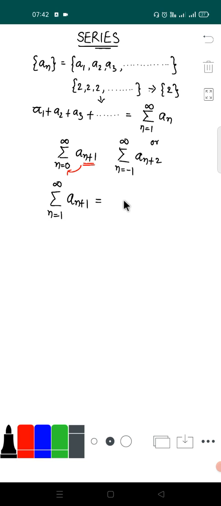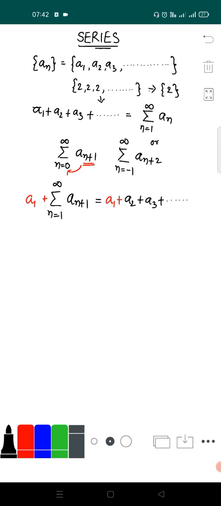If n is 1, that is a2. If n is 2, that is a3, and so on. So we are missing a term, that is a1. We are missing the term a1, so we add it at both ends. This type of representation is also there for a series.